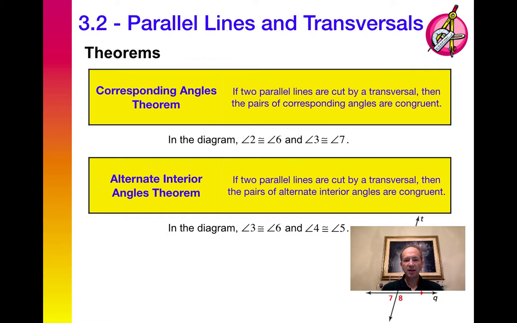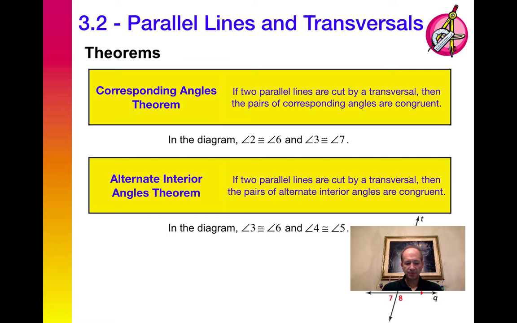Notice that this theorem starts out with the same phrase: if two parallel lines are cut by a transversal, then the pairs of alternate interior angles are congruent.